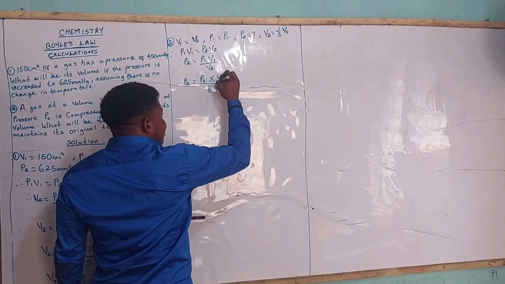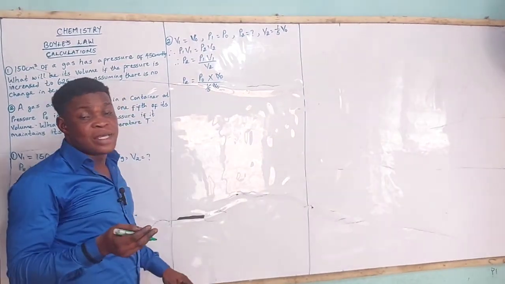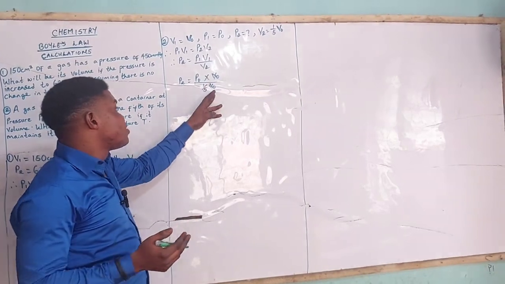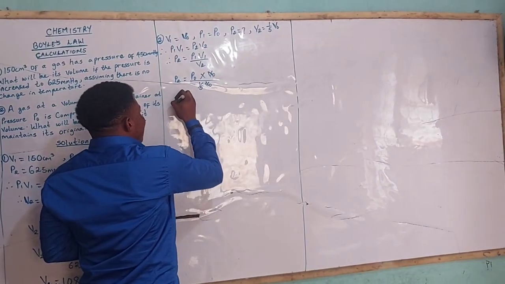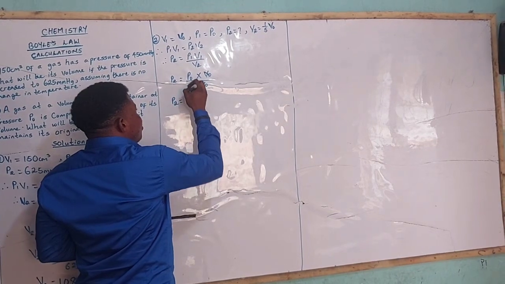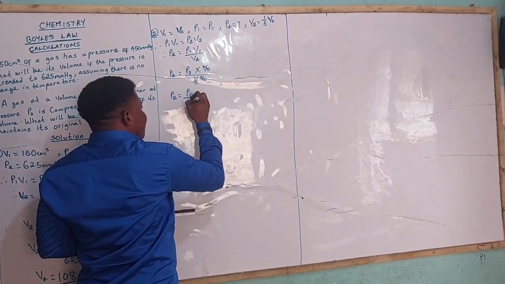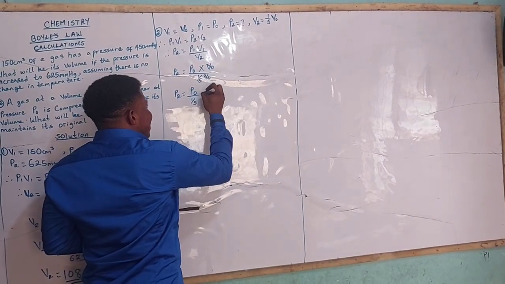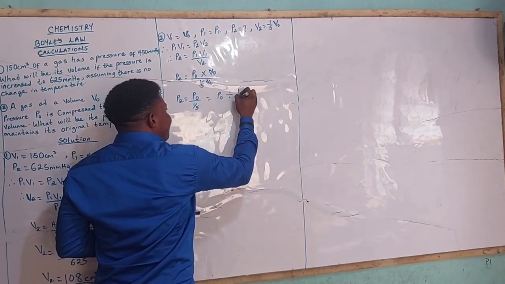From here we can say this cancels this. Just our normal arithmetic, you can cancel it since they have the same parameters. So we are left with P2 equal to P0 over 1/5, which you can write as P0 divided by 1/5.